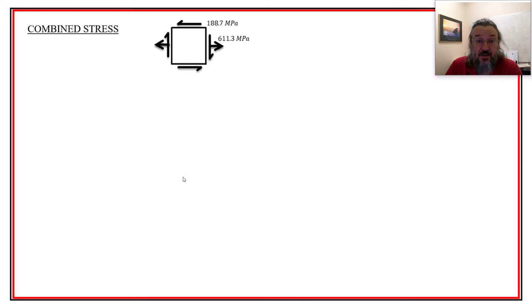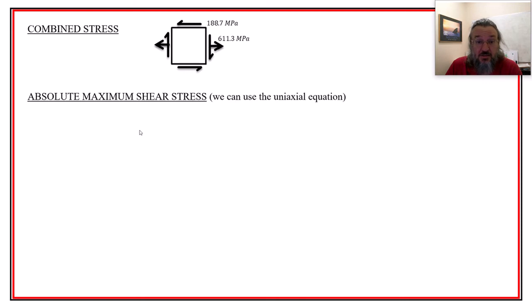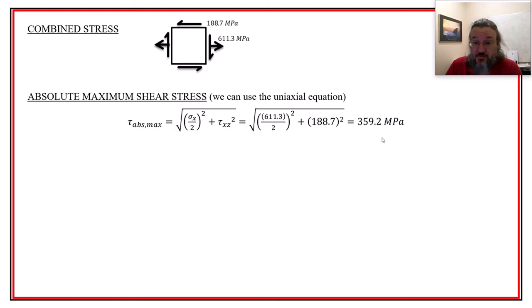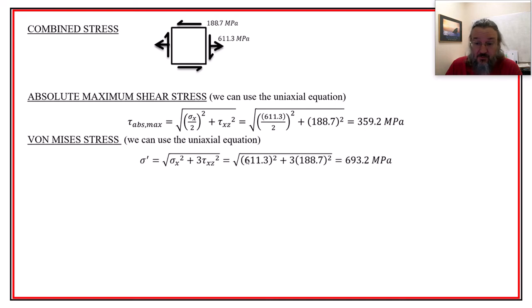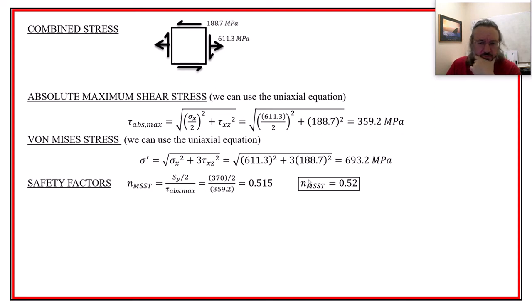So I want to combine these stresses onto a stress element and then do the absolute maximum shear. I get 359.2, and for von Mises I get 693.2. That's pretty substantial, right? A big increase, but also we made the diameter smaller because of these little grooves. So the safety factor drops a whole lot, in both of these.